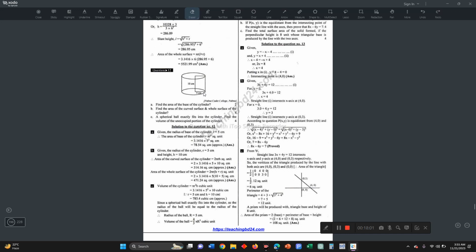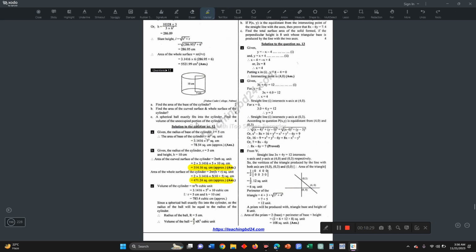The area of the curved surface is equal to 2 pi rh, and the whole surface of the cylinder is equal to 2 pi r into h plus r. As all these values are given, and I think this question has been repeated, we can easily determine these values.